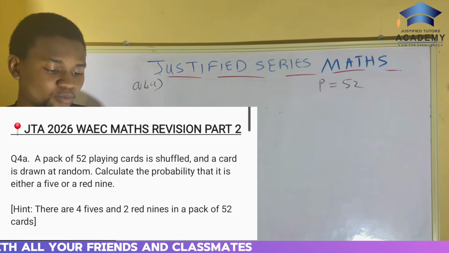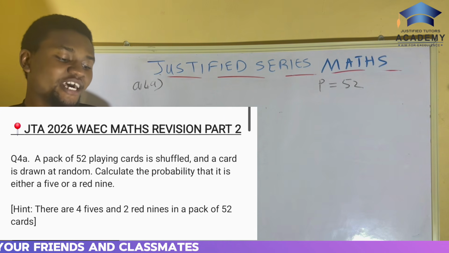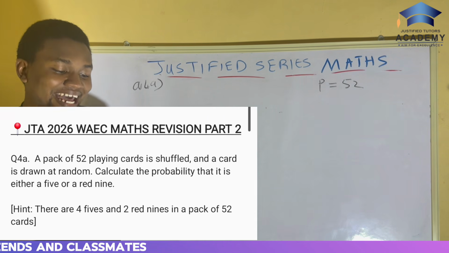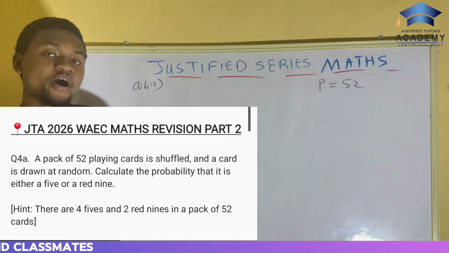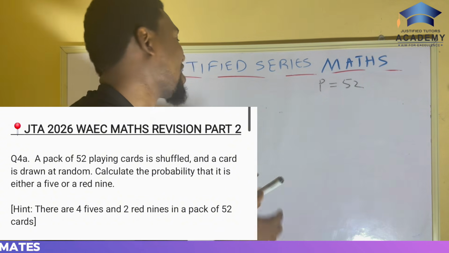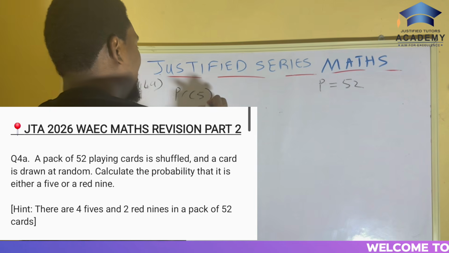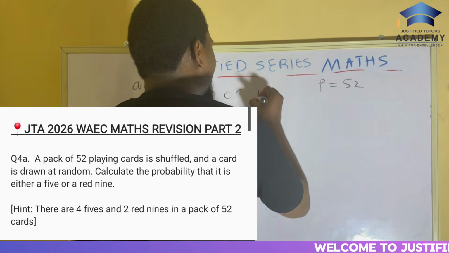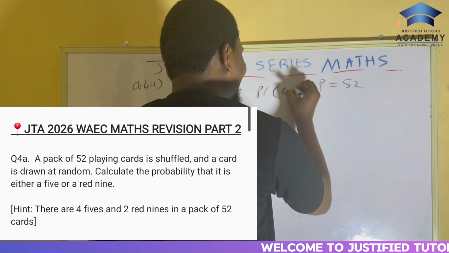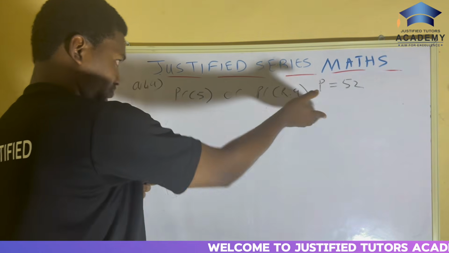Just any card at random. Calculate the probability that it is either a 5 or a red 9.